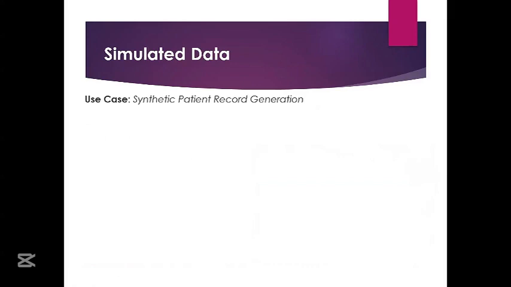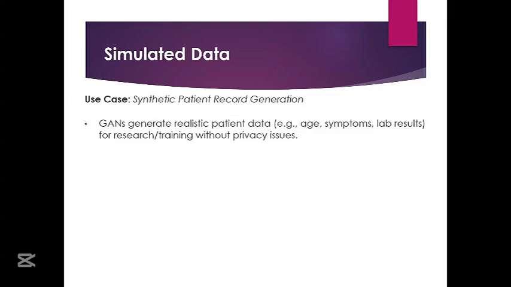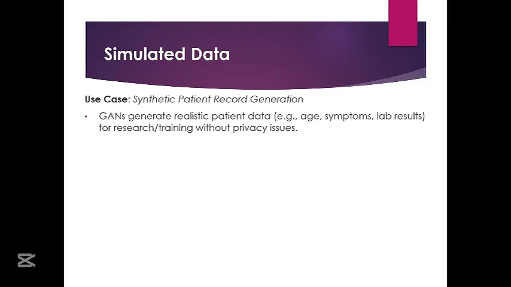This is one use case, where using one patient record, the GAN can simulate multiple records. Compared to the actual data, that may be the correct one or the wrong one, but it can create a lot of synthetic data, right?